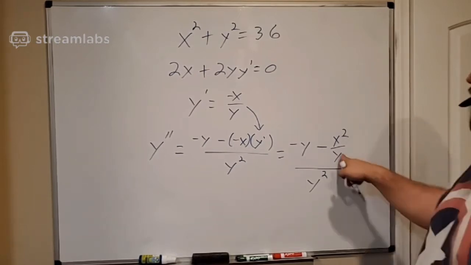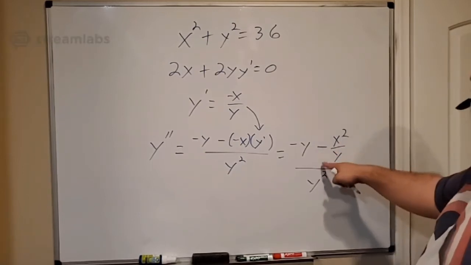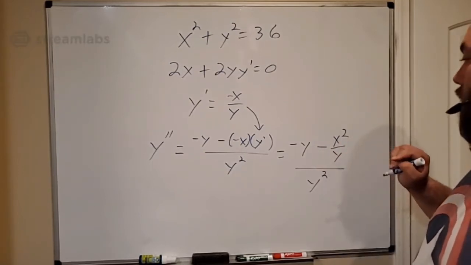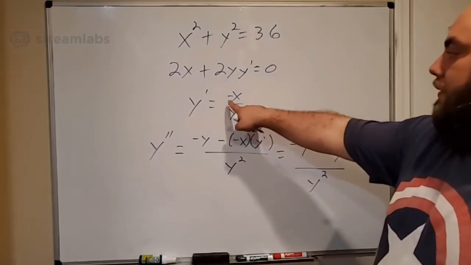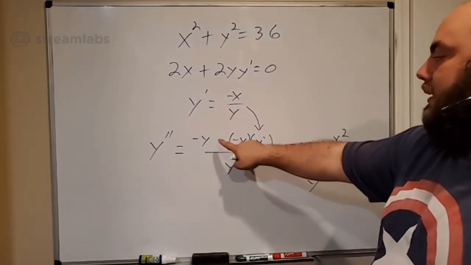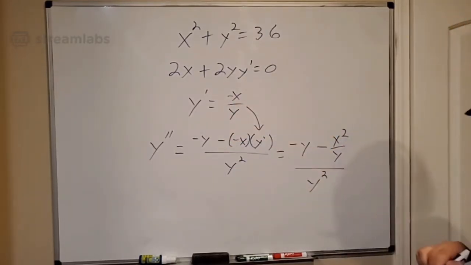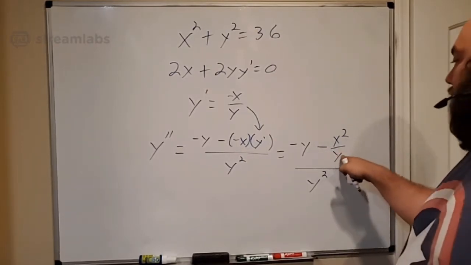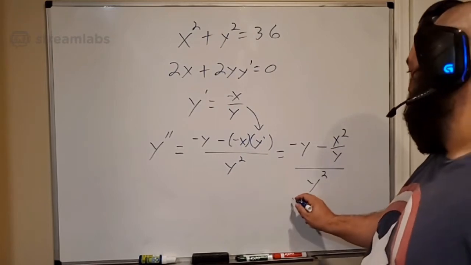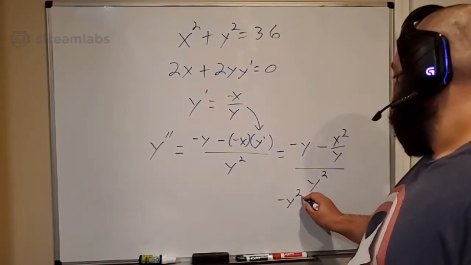Wait, wouldn't it be plus x squared? No, because you have the negative from y prime, the negative from x, and the minus negative, so you get 3 negatives. So it's minus. Oh, okay. So multiply through by y to get rid of that, so you get minus y squared minus x squared over y cubed.